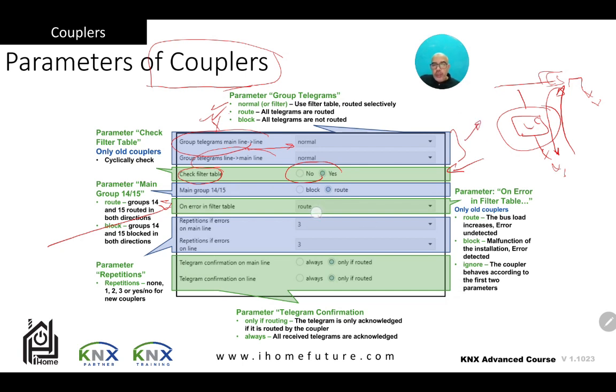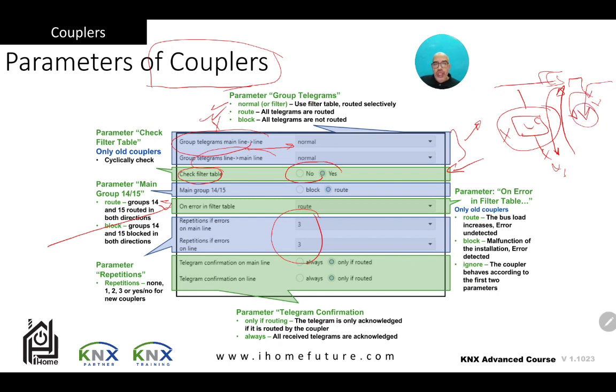Here is the repetition. If some device sends to the line coupler, and the line coupler finds that it's not allowed to pass this traffic, so the data is not reaching, then I will send a negative acknowledge, or this device will not get any acknowledgement.